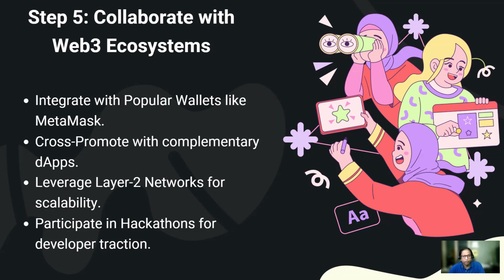MetaMask is a very popular wallet for the Ethereum blockchain, and there are other wallets available. Based on your marketing needs, you can partner with those agencies and marketing companies and see how you can co-market their services and your own services to attract more customers and grow the community. You can also cross promote your decentralized applications with other marketing agencies.